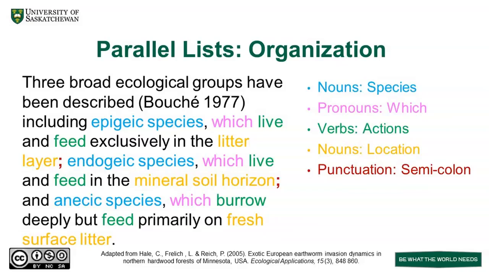So some of this information, it could have been organized differently. It could have been placed in parentheses, similar to our previous example. But here, because the language is being used very effectively, we don't need that punctuation to group the information. So the extra information is being communicated through both verbs and additional nouns. So we have live and feed, and then burrow and feed.